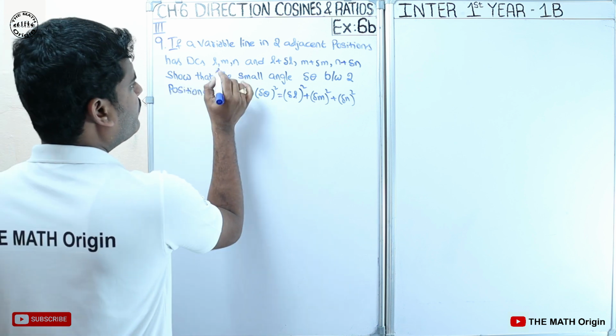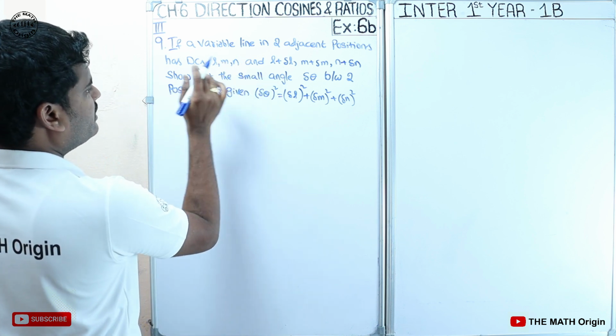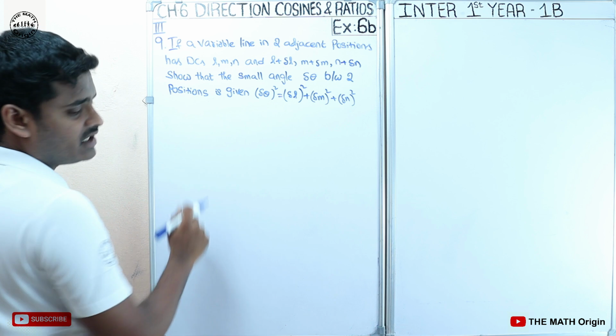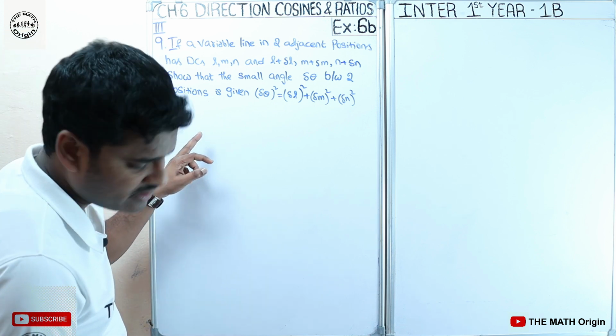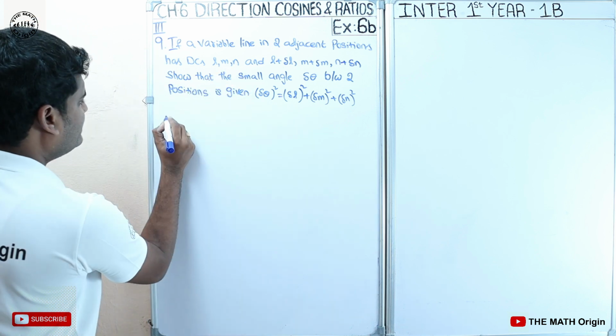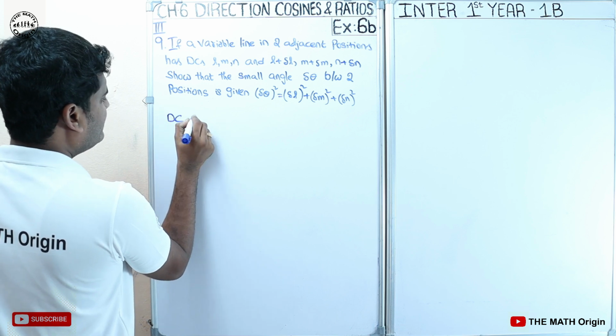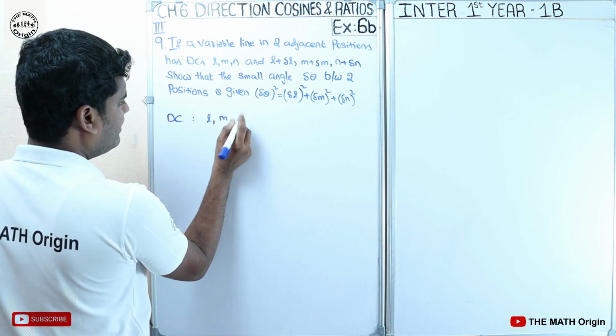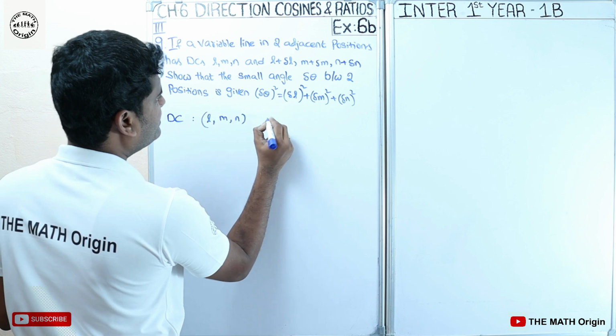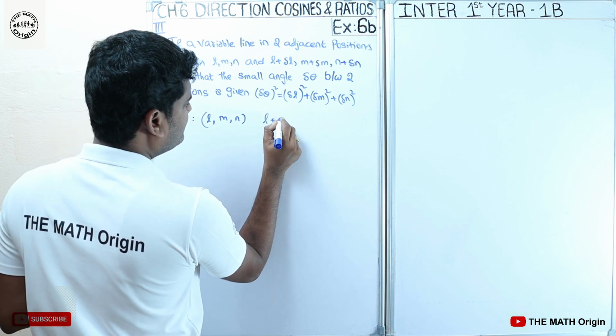Okay, we have the two lines. The first line is given as, these two are the lines, DCs as l, m, n is one line and l plus delta m.